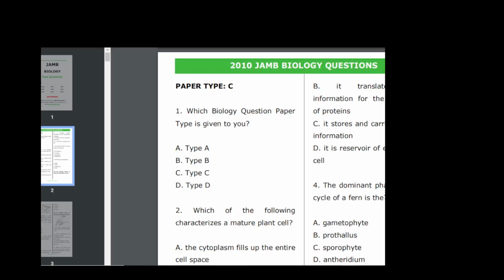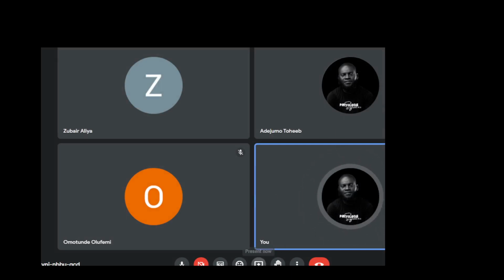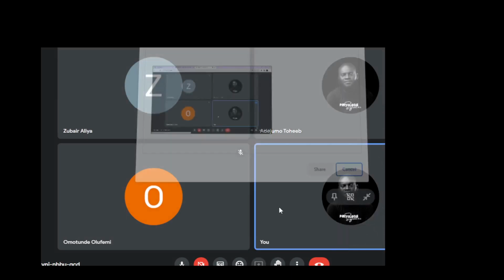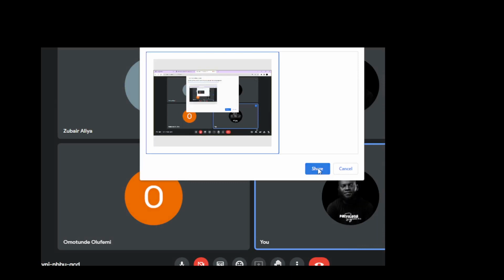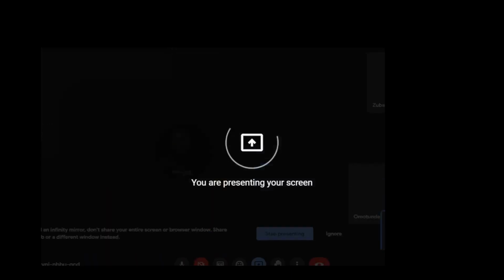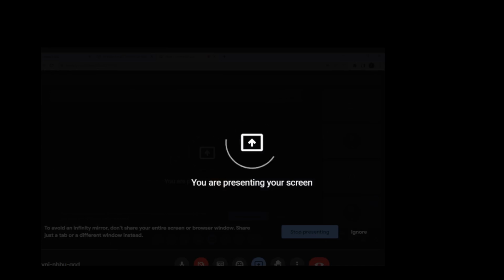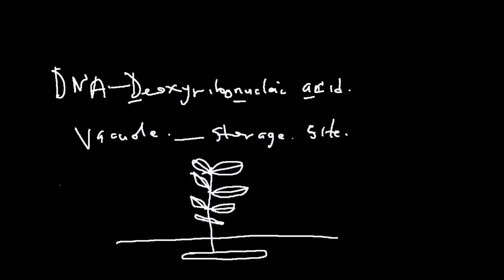An example of a rhizome is ginger. Ginger is a rhizome.